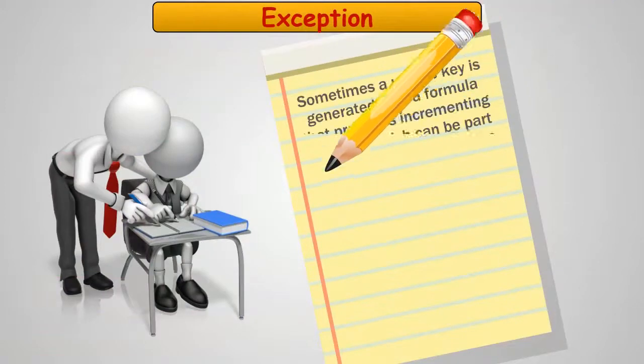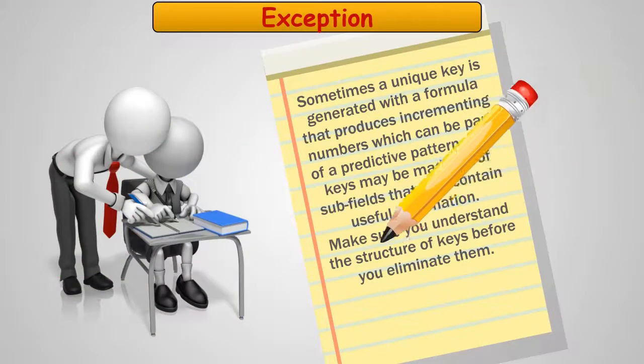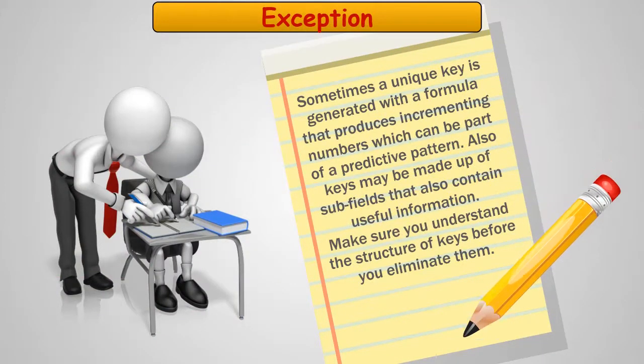Now, I was a DBA for many years, so let me tell you right now, sometimes the unique keys that we generate, like customer ID, have a formula behind them that, for example, produces incrementing numbers, and that can be part of a predictive pattern. And sometimes keys are made up of other keys. For example, subfields.